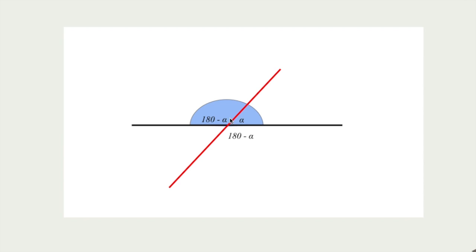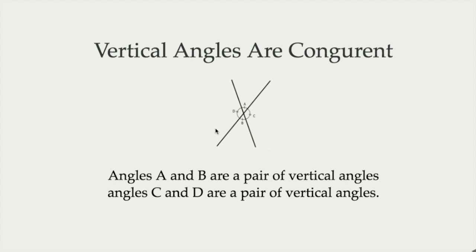In this case, the vertical angles are all equal to 180 degrees minus alpha. Similarly, you can derive that the vertical angle of this alpha angle is also alpha. So the vertical angles are congruent.